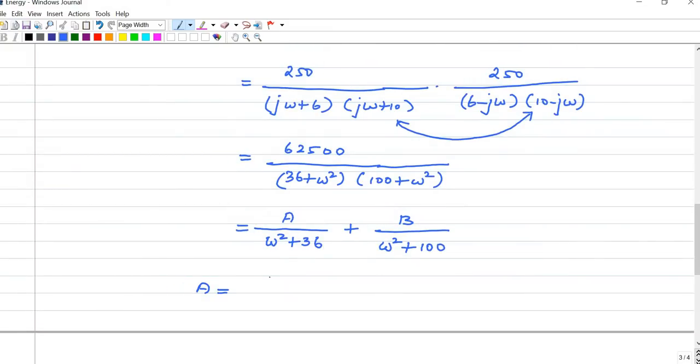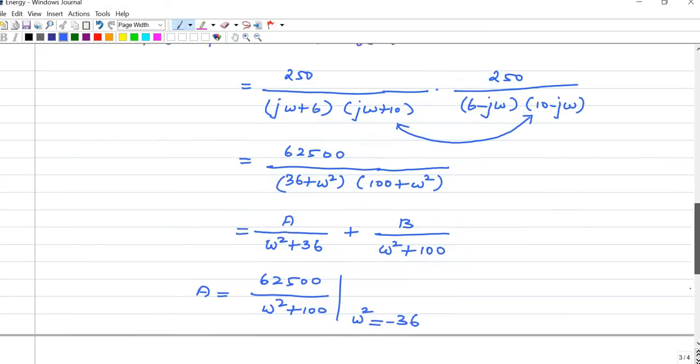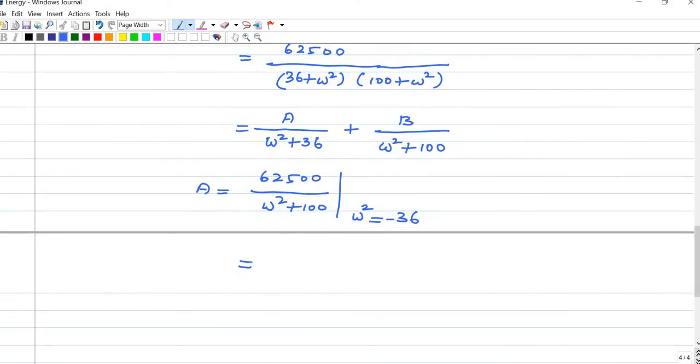A is 62500 divided by omega square plus 100. So I am going to substitute omega square is equal to minus 36. What is the answer for this? Anyone getting this answer? So 62500 over minus 36 plus 100, it's 64.